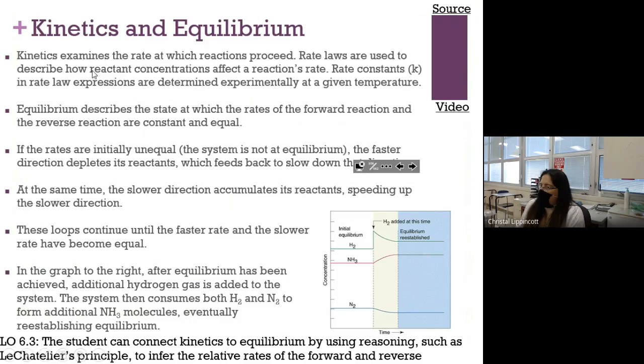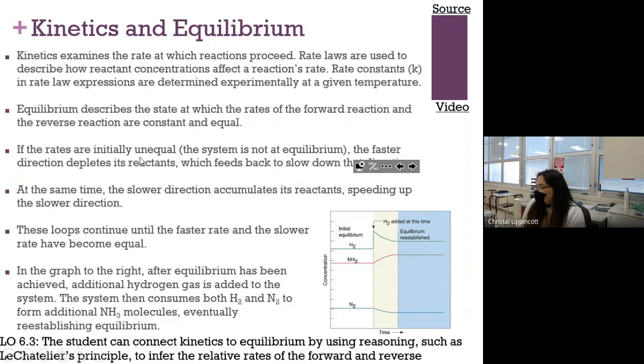All right, kinetics then. We're going to examine the rate at which reactions proceed. The rate laws then are used to describe how the reactant concentrations affect the reaction rate. The rate constants are determined experimentally at a given temperature. The equilibrium describes the state at which the rates of the forward reaction and the reverse reaction are equal.